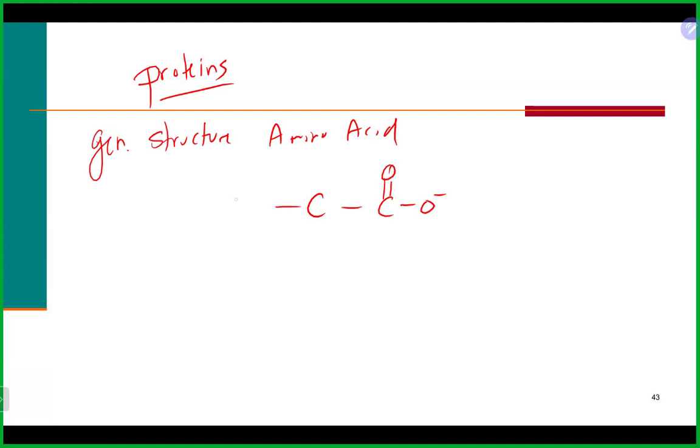It also has an amine part in its ionized form, NH3 plus. Remember that is what is referred to as the zwitterion, the ionized version of this. The non-ionized version is a complete carboxylic acid on the right and an NH2 on the left, and that's what they all share in common.